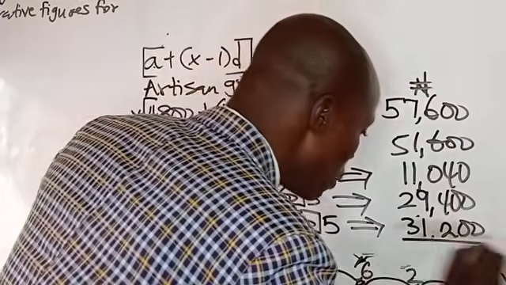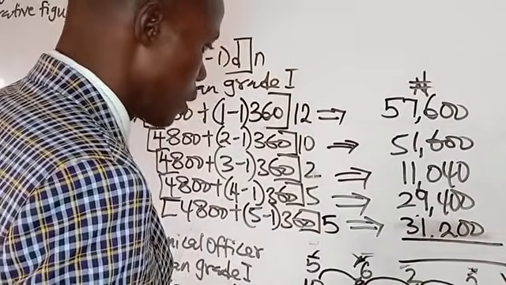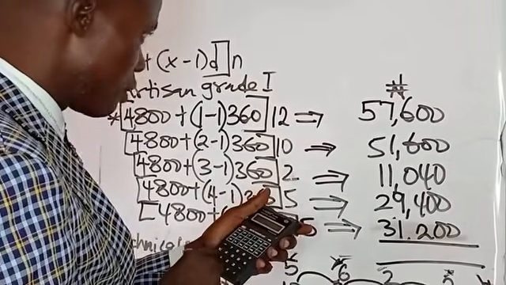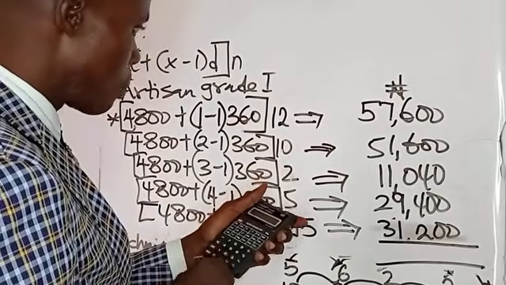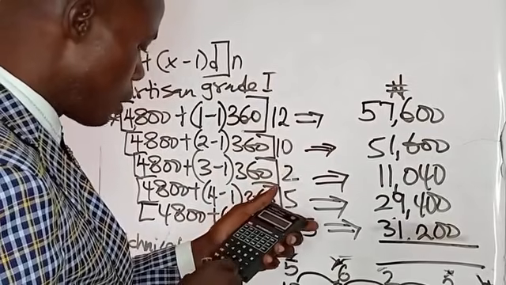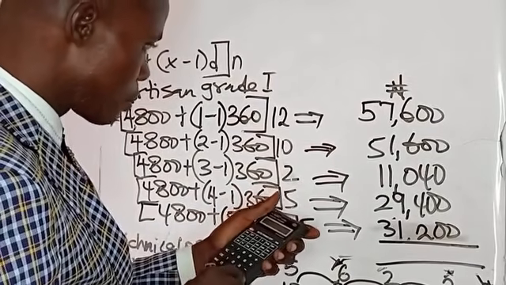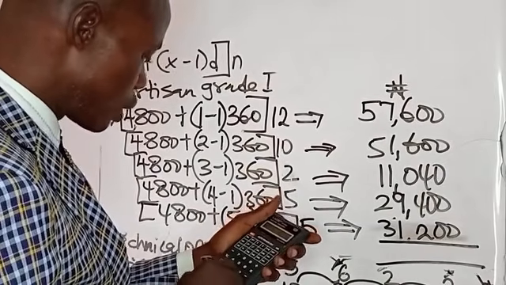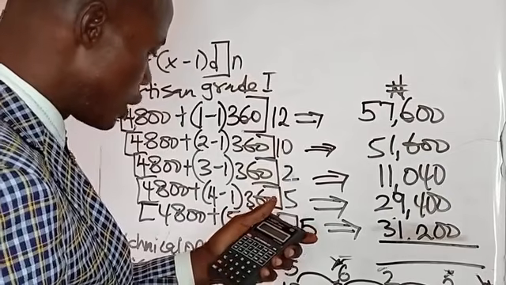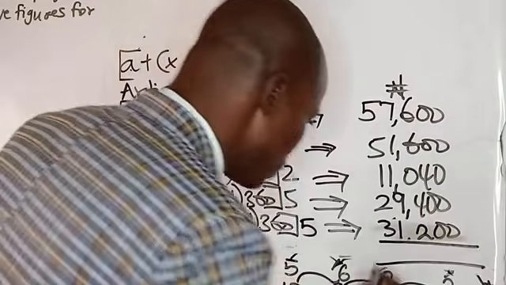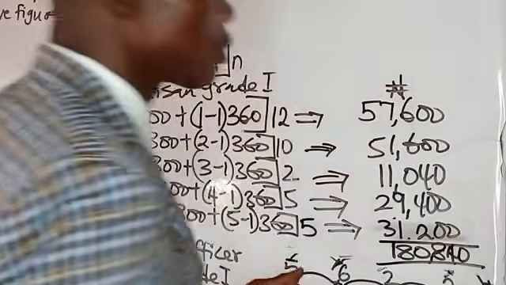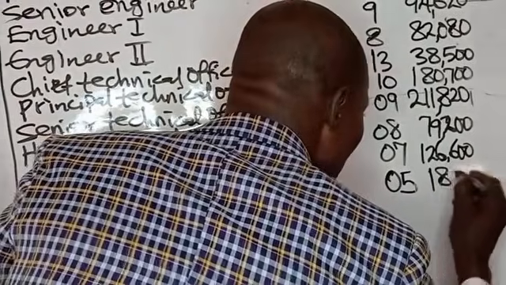Now, let's sum it up. 57,600 plus 51,600 plus 11,040 plus 29,400 plus 31,200, and it is total 180,840. So artisan grade 1, 180,840.